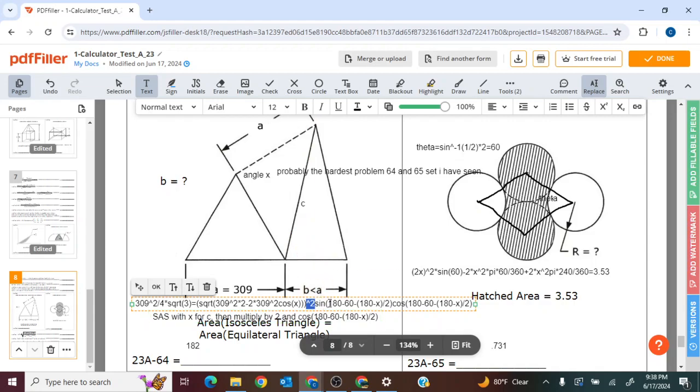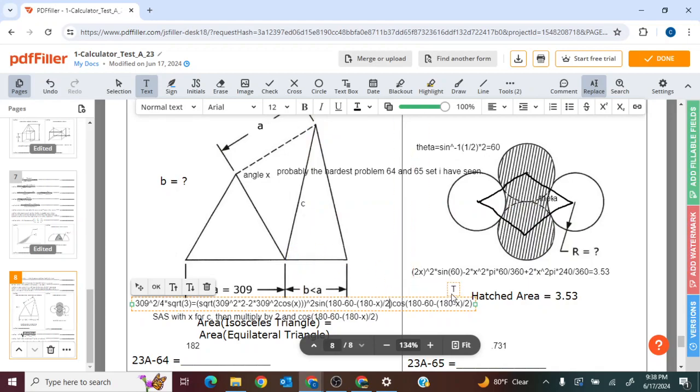These are basically sine of this angle right here. And that angle is based off of 180 minus the 60 degrees of an equilateral triangle minus this angle right here, which is equivalent to 180 minus this angle all over 2. If you do sine of that and cosine of that, you'll get the height and half the width.